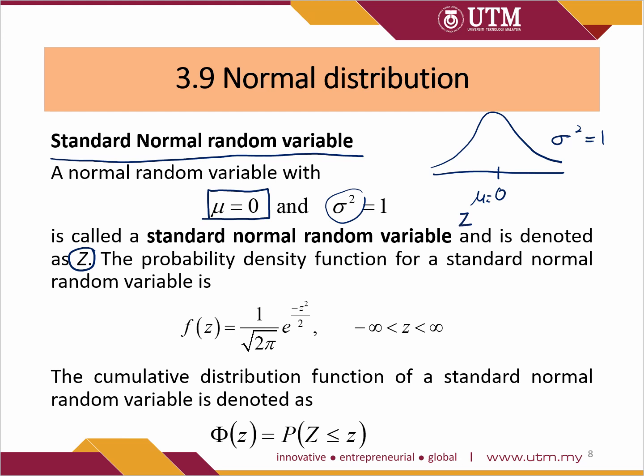The probability density function for a standard normal random variable is given as 1 over the square root of 2 pi times exponential to the power of negative z squared over 2. The cumulative probability of a standard normal random variable is denoted as the probability of Z less than or equal to the z score.